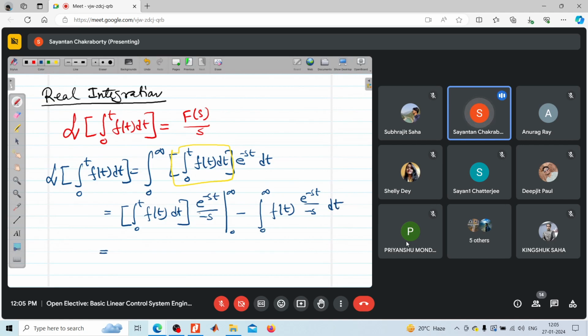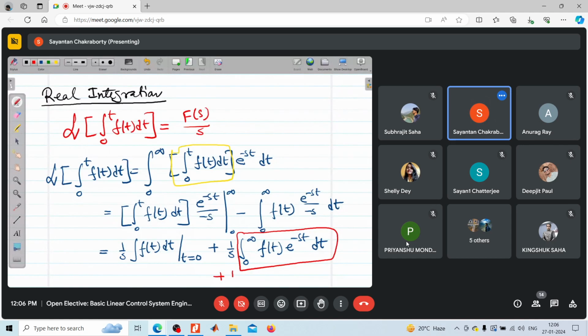So what it will look like, it will be simply 1 by s integration f(t) dt at t equal to 0. That will be only left, minus minus plus 1 by s, 0 to infinity f(t) e to the power minus st dt. So this portion is simply F(s).